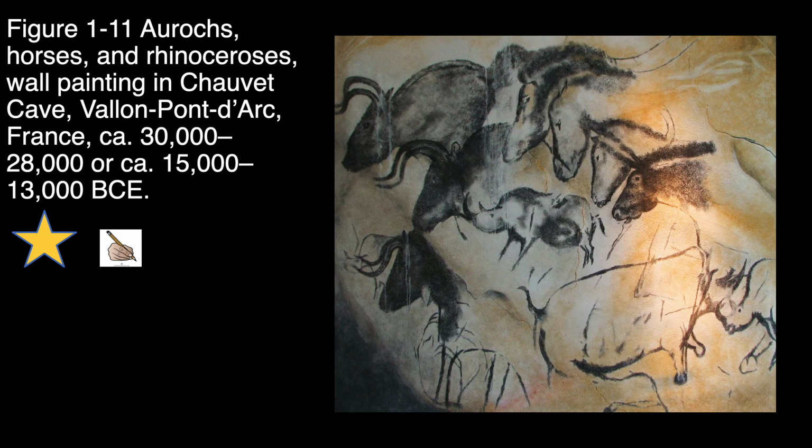Aurochs, horses, and rhinoceroses, wall painting in Chauvet Cave, France, approximately 30,000 to 28,000 or 15,000 to 13,000 BCE.